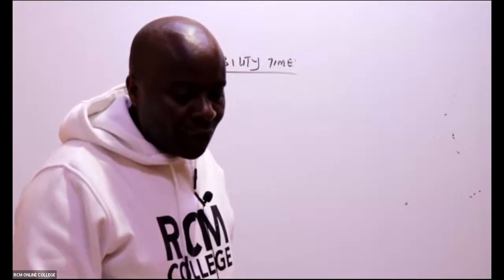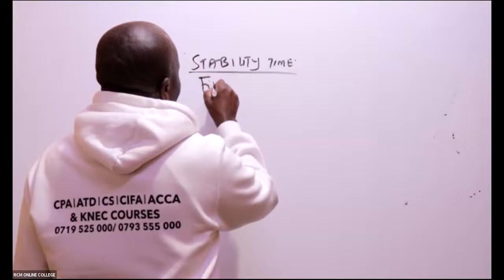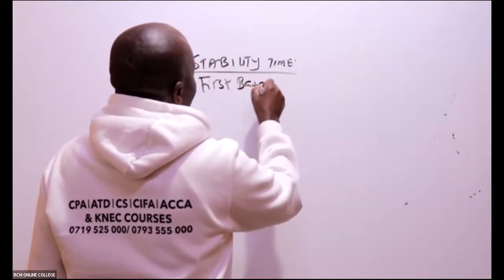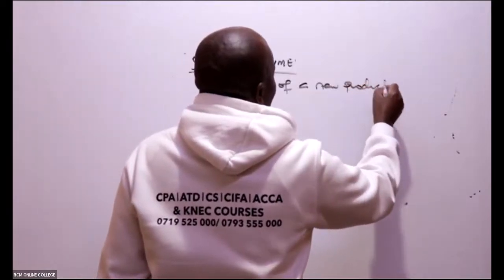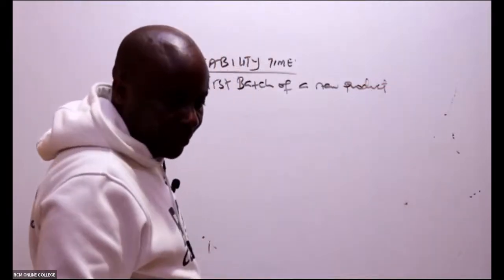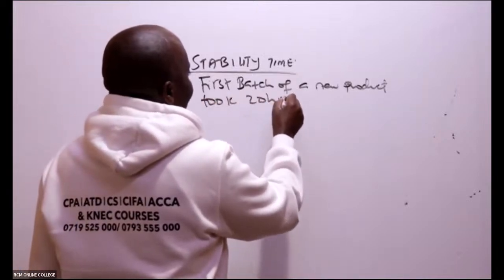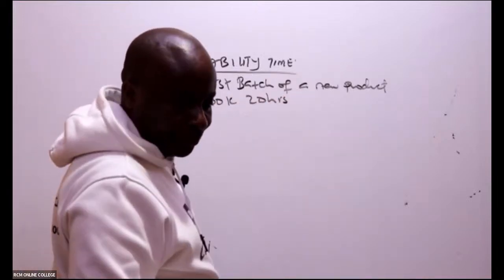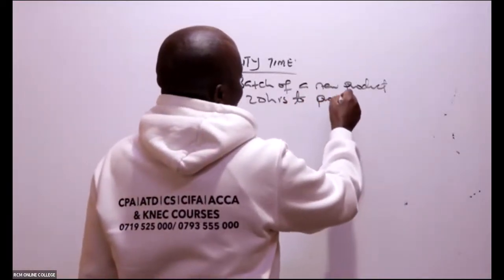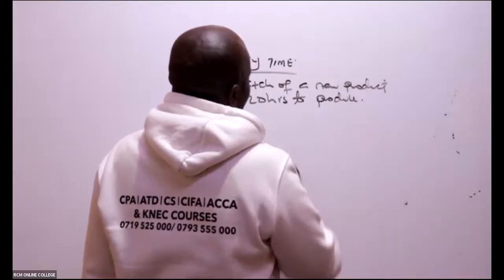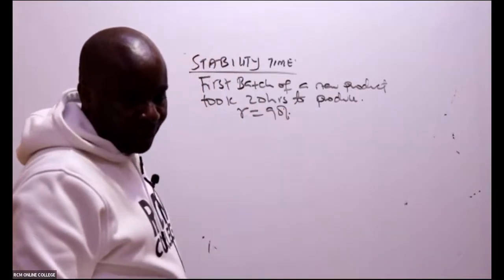The first batch of a new product took 20 hours to produce. Full stop. They're giving us R of 90%. R is 90%.